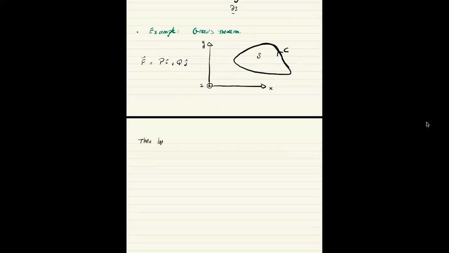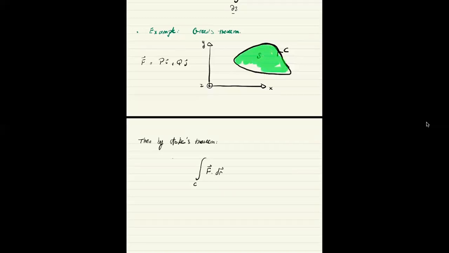Then by Stokes' theorem, we have that the line integral of F dr over C. Now this is the surface, right? This is our surface now.